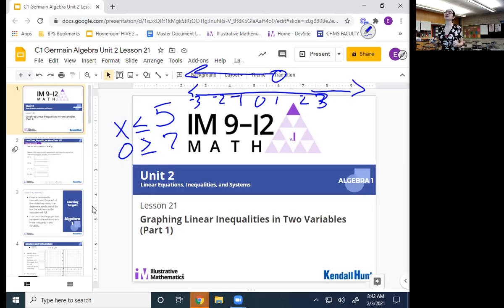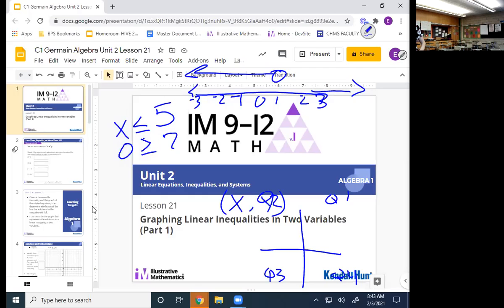So now we're talking about inequalities with two variables, which are really talking about x and y, right? So when we go to graph these, we're going to be graphing them like a traditional equation, in the way that we have our quadrants here. We have Q1, Q2, Q3, Q4, and we graph them like we would any other line.